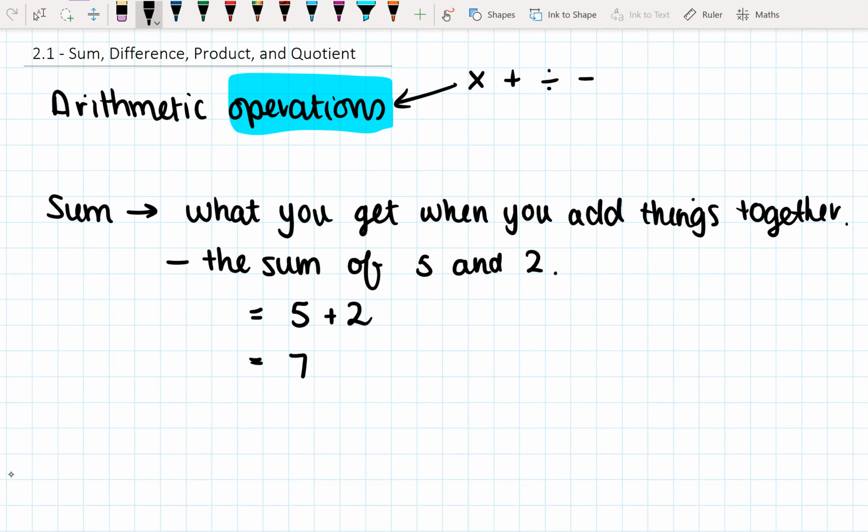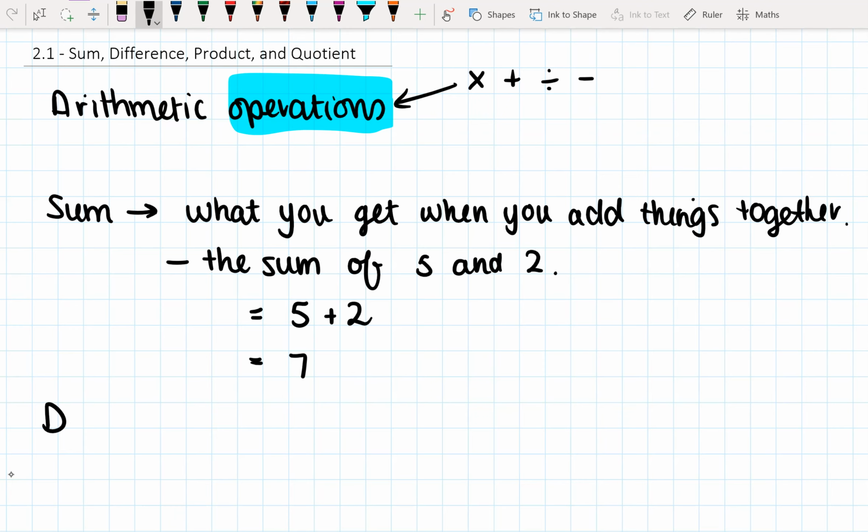This is one of the things that we do in maths when we get to high school. We don't write things across the page anymore. We try and go down the page. So if I said the sum of 5 and 2, that just means 5 plus 2. Pretty easy.